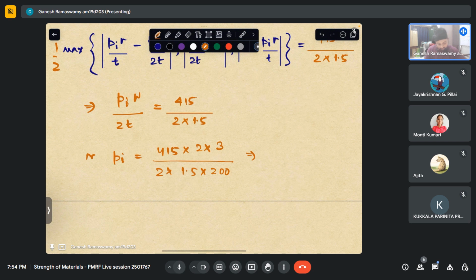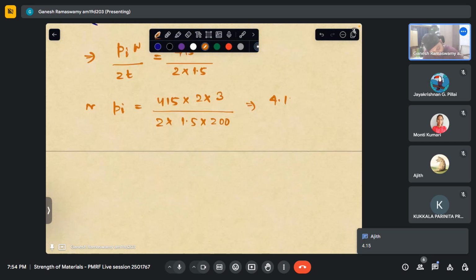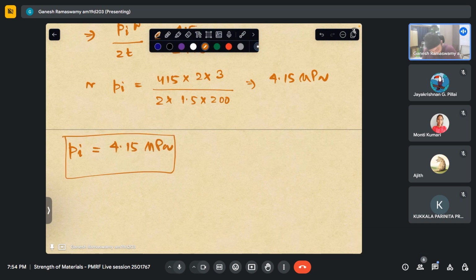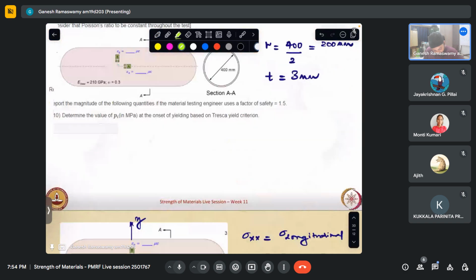So Pi is 4.15 MPa at the onset of yielding according to Tresca yield criteria with a factor of safety of 1.5. So far so good. So this we have been able to calculate.